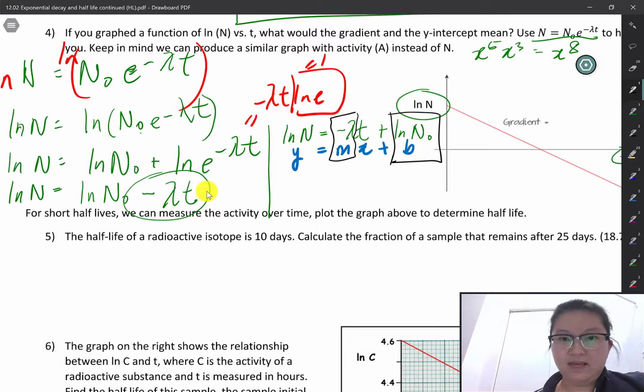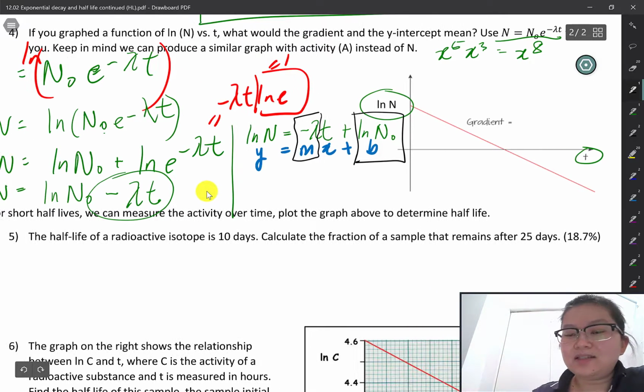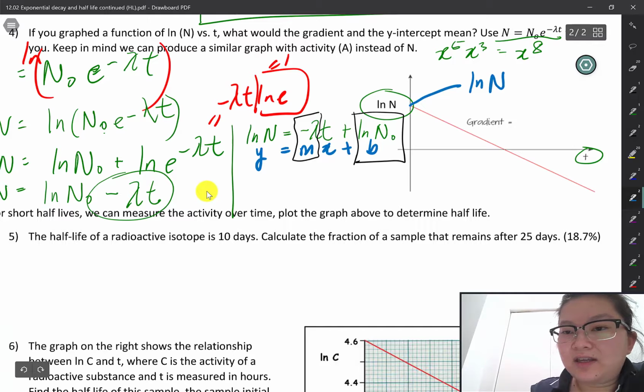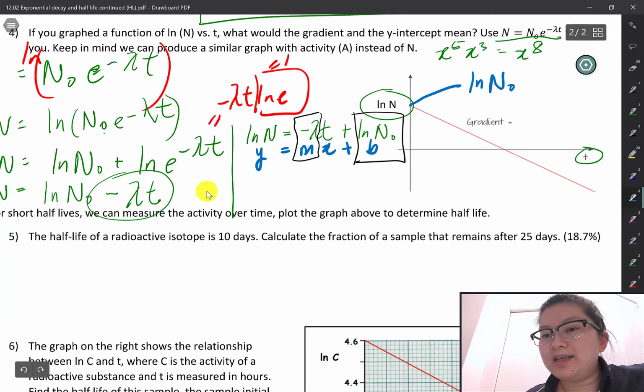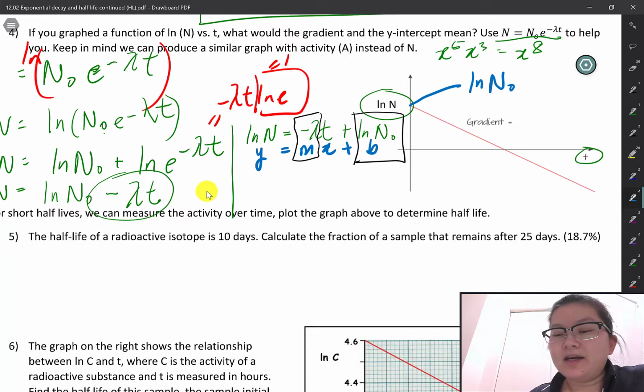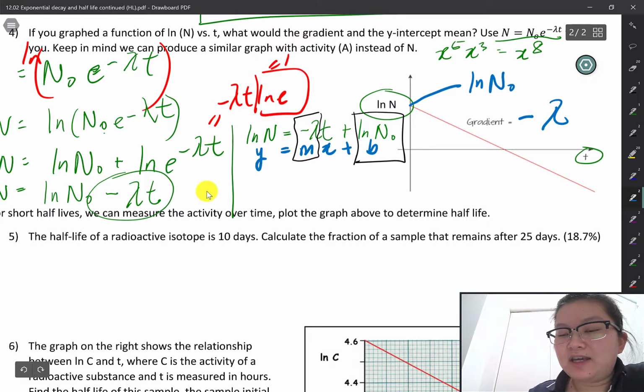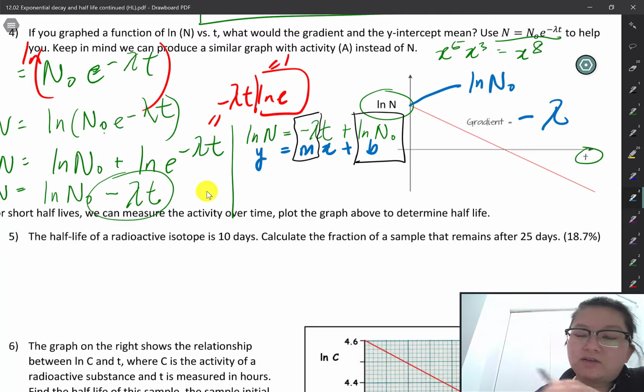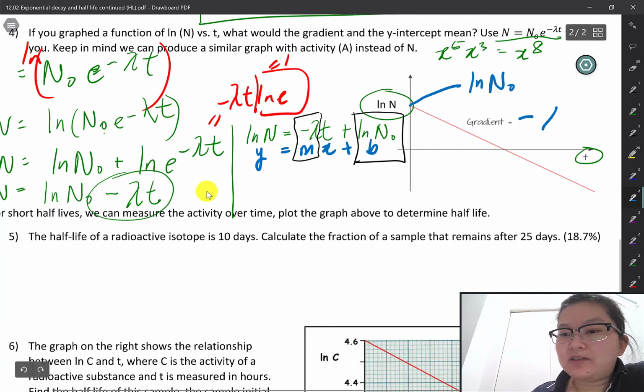So, hey, we just did it. The y-intercept here is essentially the ln of N naught, which is the original amount of radioactive nuclei, and the gradient is going to be the negative of the decay constant. It makes sense because the slope is going down, so that justifies the negative sign, and the magnitude of the slope is going to be our decay constant lambda.